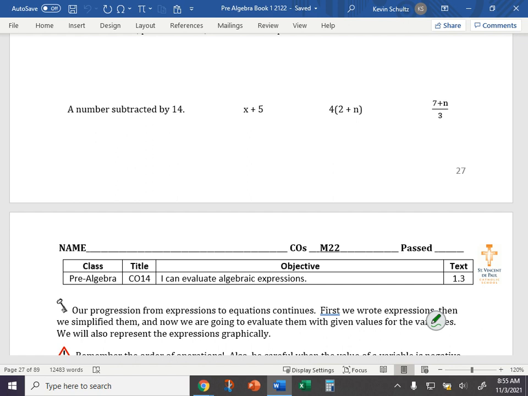I said like a number plus 5. Sure. Great. This next one is similar to the one we just talked about up above. You've got those parentheses around the 2 plus n. So take a look at where that comma was in the example with parentheses up above, and apply that to this here. And then the third one, you've got a fraction, which of course we know is the operation of division.